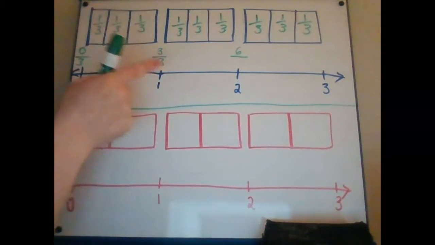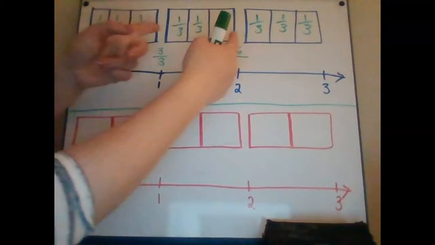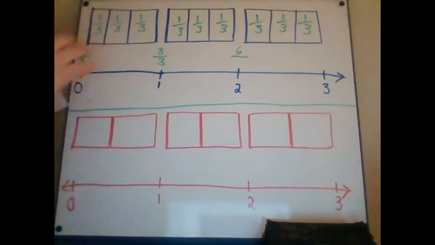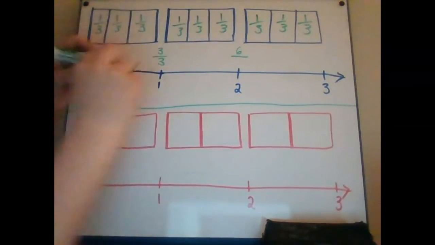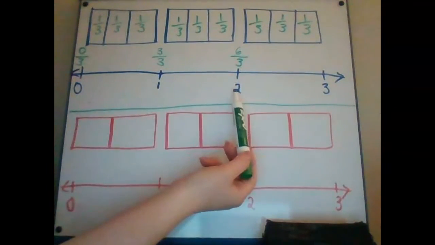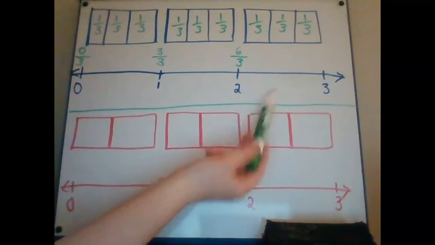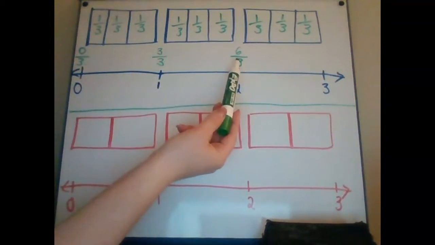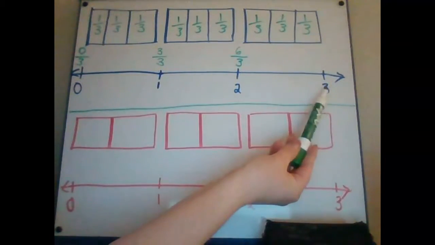The denominator on the bottom tells me the number of equal parts in one whole. So just one of these. I have 1, 2, 3 equal parts. So 2 is equivalent to 6/3.